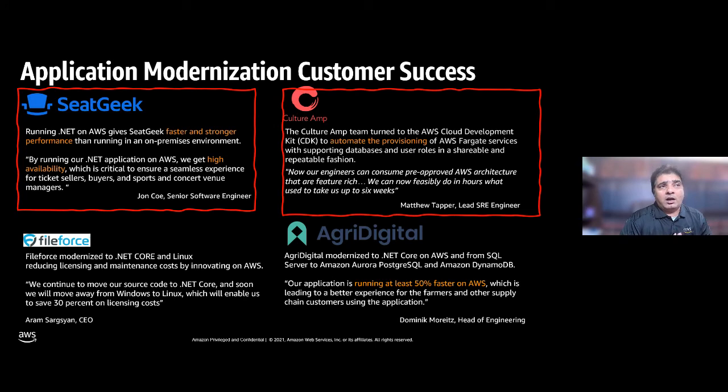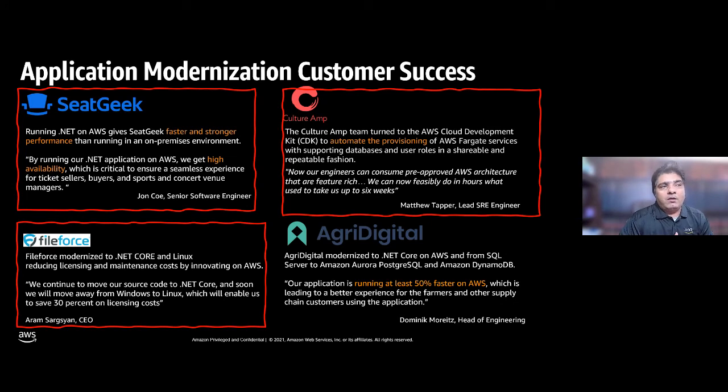Another customer, Culture Team, decided to go for the AWS Cloud Development Kit, CDK, to fully automate the provisioning of AWS Fargate services with supporting databases and user roles in a repeatable fashion.